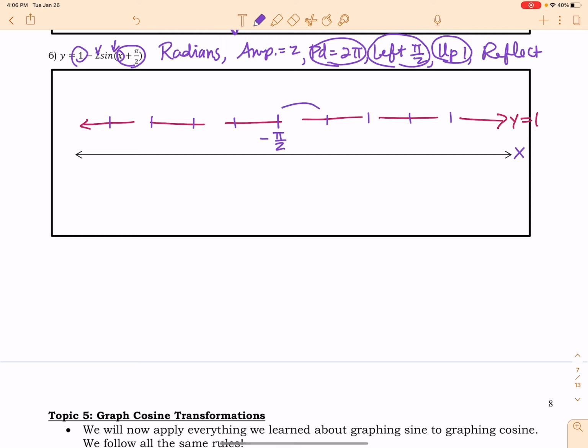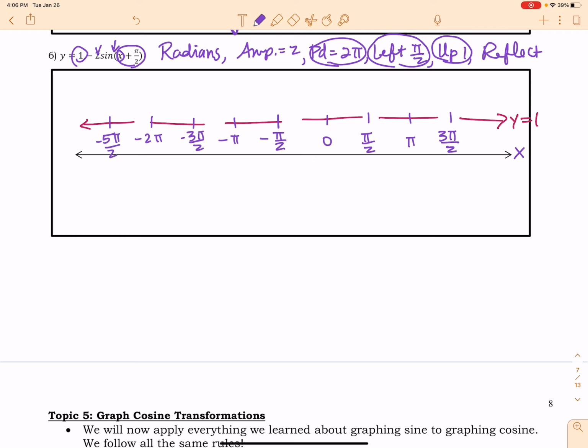So each of these is worth pi over 2. From negative pi over 2, if I add pi over 2, I get 0. That's where my y-axis is going to go. And then I add another one and another one. And then to the left, I subtract pi over 2. So negative pi, negative 3 pi over 2, negative 2 pi, negative 5 pi over 2. Okay, that's what that's going to look like.